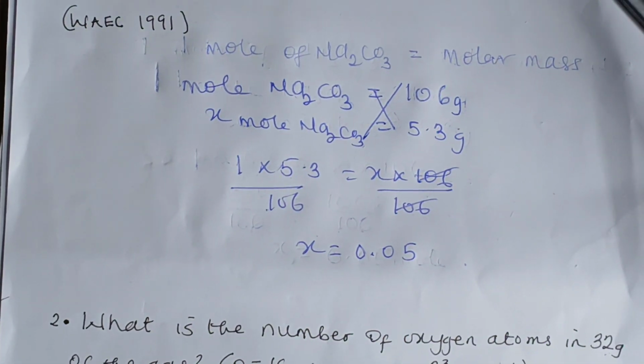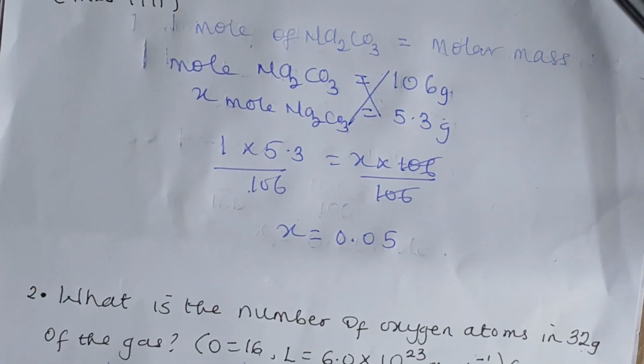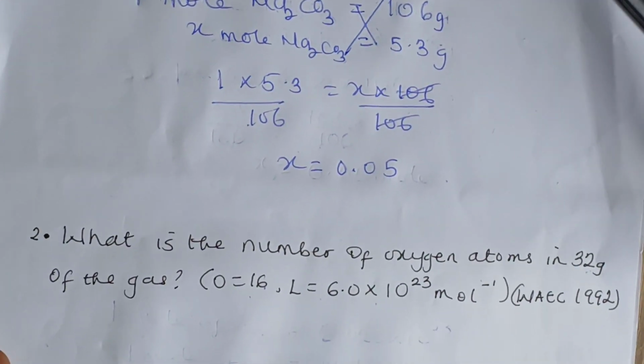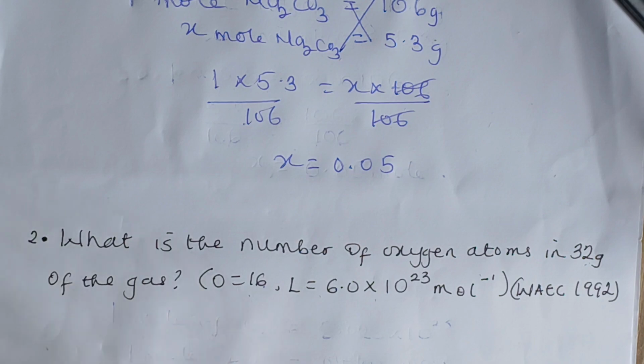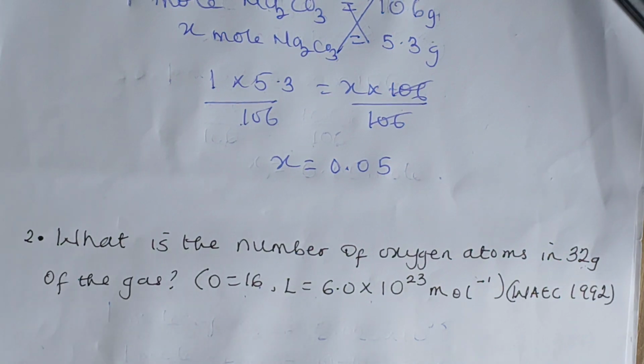The next question is, what is the number of oxygen atoms in 32 gram of the gas? And for you to know what to do, check the parameters given. Oxygen is 16. Avogadro's number is 6.023, it can also be 6.0 times 10 raised to power 23 per mole.